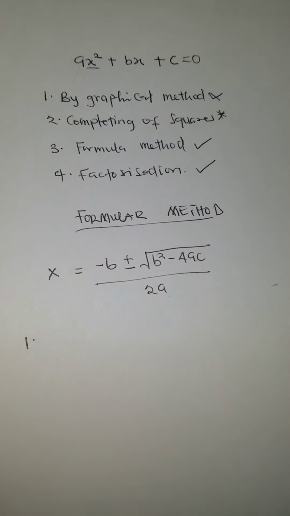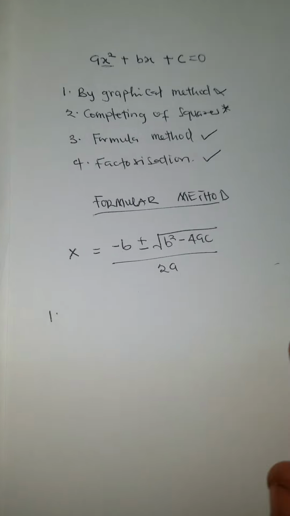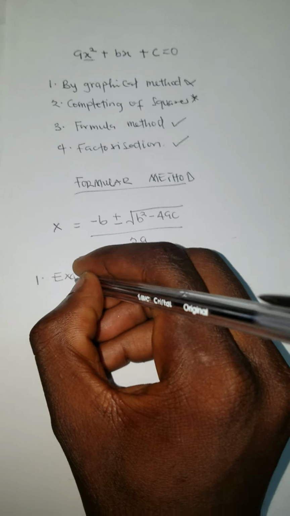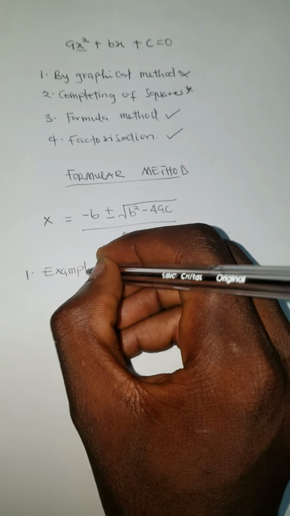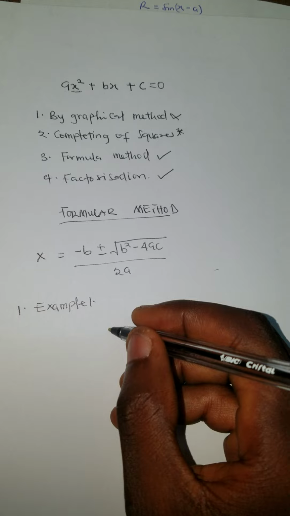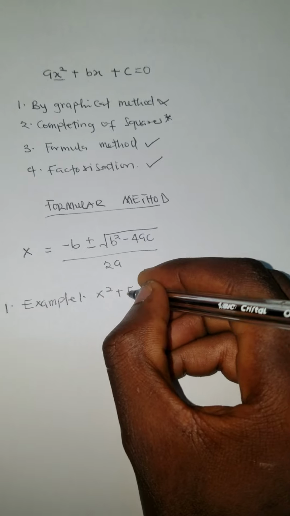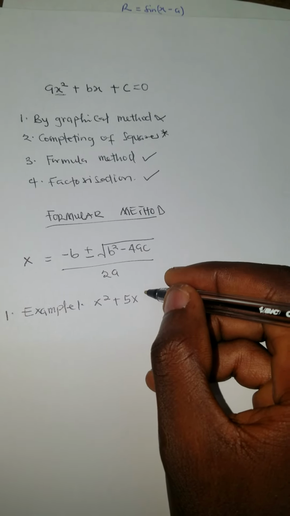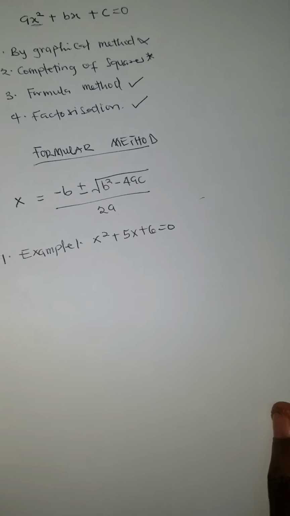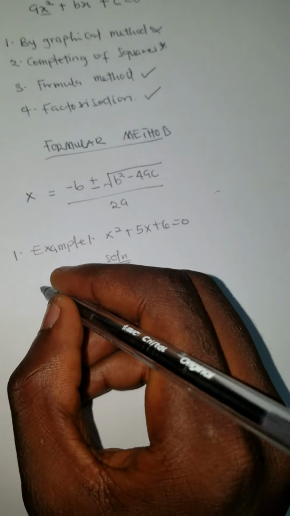So let's solve these examples. Example 1. When you are given the question x squared plus 5x plus 6 equal to 0 to solve, what is our a here?